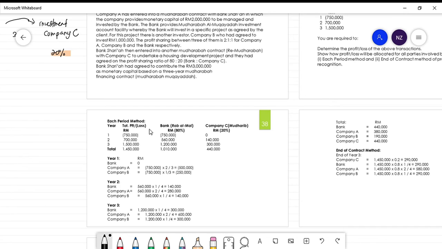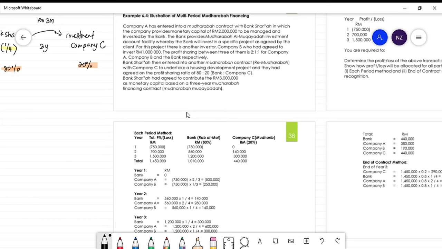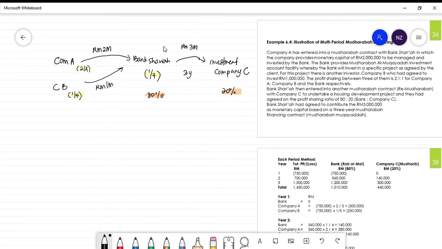Okay, now disebabkan kita ada buat contract with the bank. Maksudnya Rock Bumal kat sini ada 3 orang, which is bank syariah, company A and company B, betul tak? Sebab ketiga-tiga orang ni dia provide capital to the orang masing-masing lah, to the mudarik masing-masing. So kita ada 3 orang mudarik kat sini.